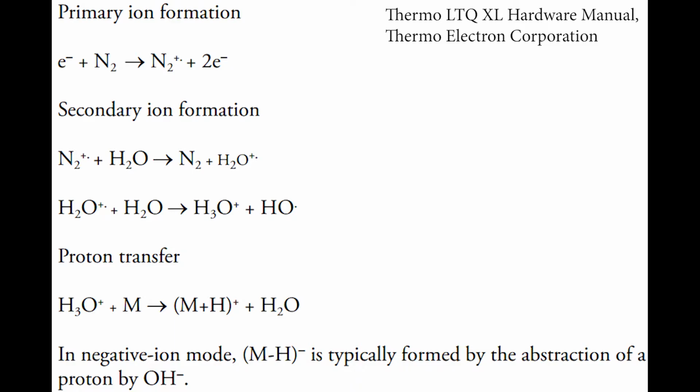Definitely amines. Amines ionize very nicely. And you're more likely to get negative ions from things that deprotonate nicely. So certainly carboxylic acids or phenols, even some alcohols and things. The protonation and deprotonation in the gas phase in an ion source is pretty aggressive. So you can protonate some things that you would be surprised would take a proton, and you can deprotonate things that you would be surprised would lose a proton.